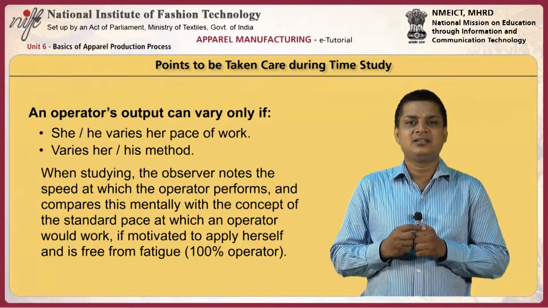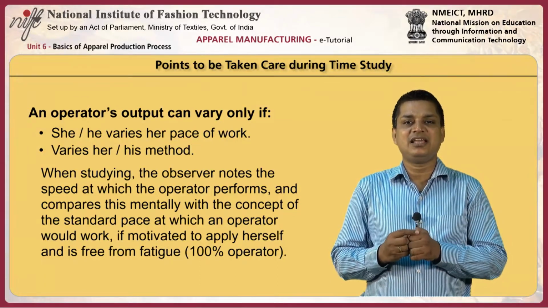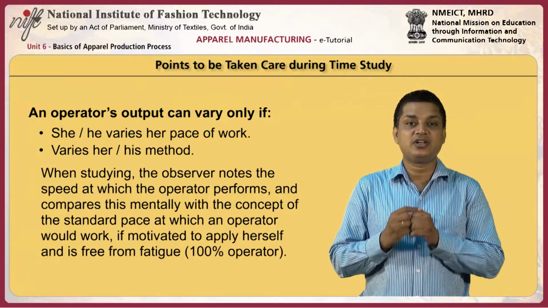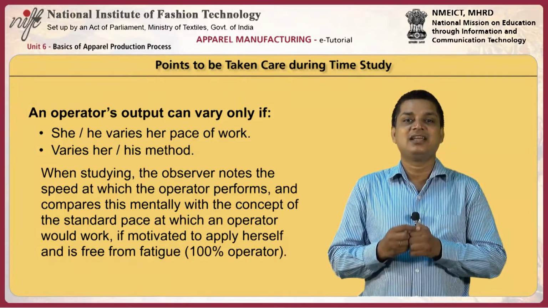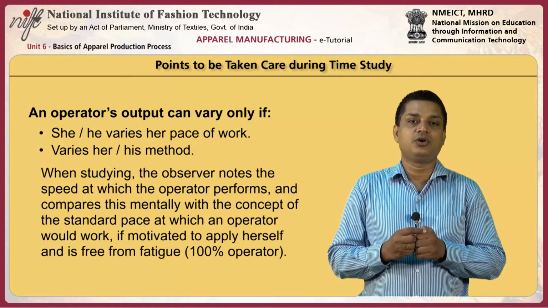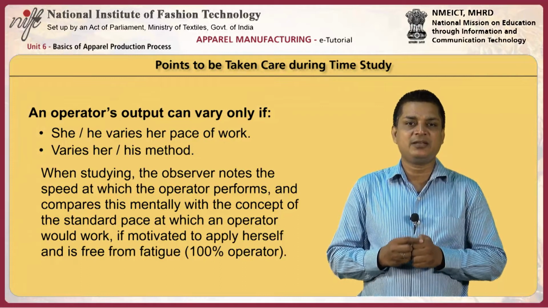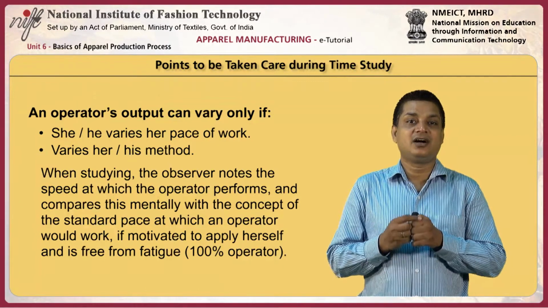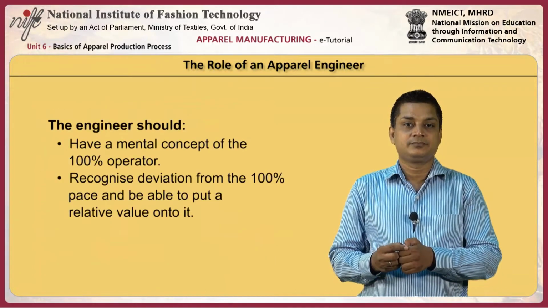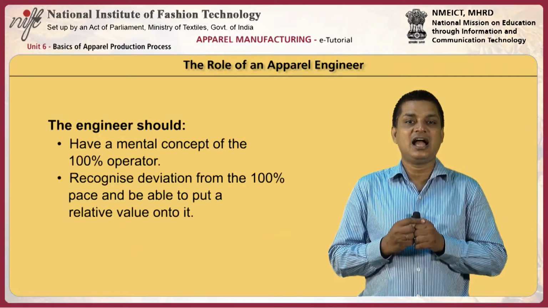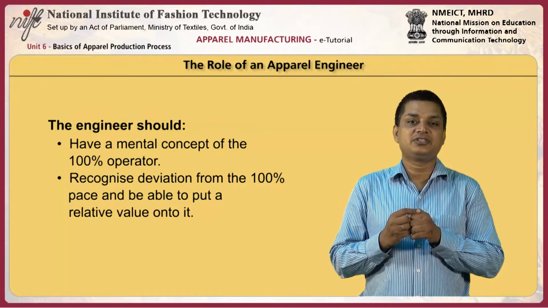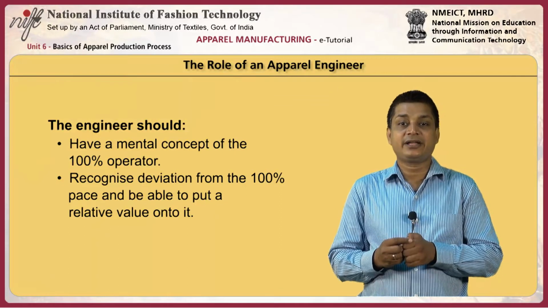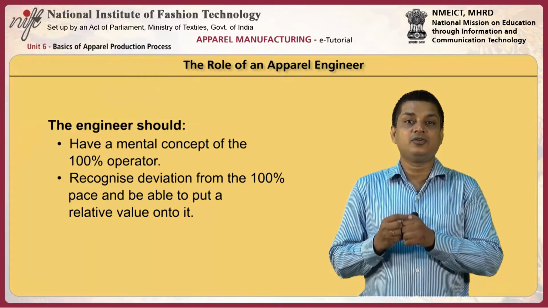When studying, the observer notes the speed at which the operator performs and compares this mentally with the concept of standard pace at which an operator would work. If motivated to apply himself or herself and free from fatigue, this is a 100% operator. The engineer should have a mental concept of a 100% operator, recognize deviation from the 100% and be able to put a relative value onto it.